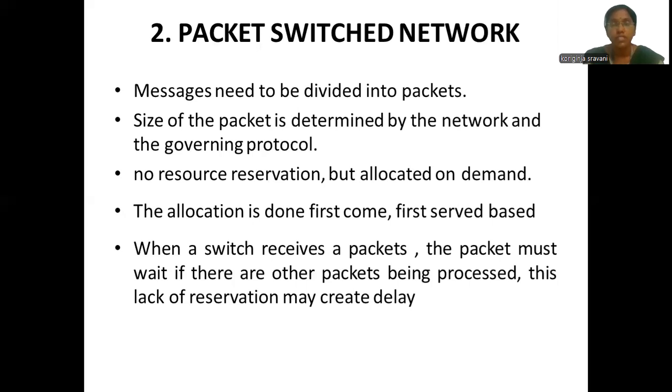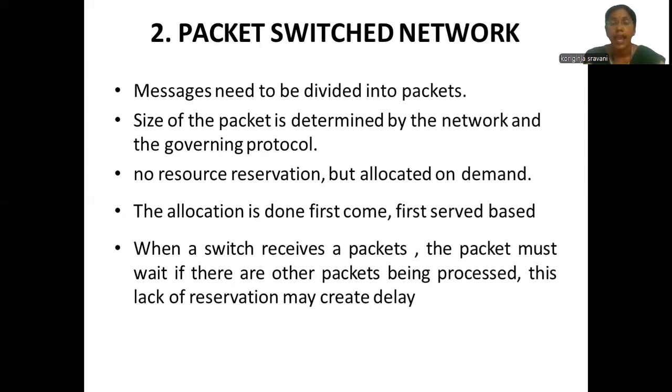So for example, if a switch is doing another transmission, like transmitting the packet coming from B, but after some time the switch gets a packet from A also, the packet has to wait until the other packets have been processed.